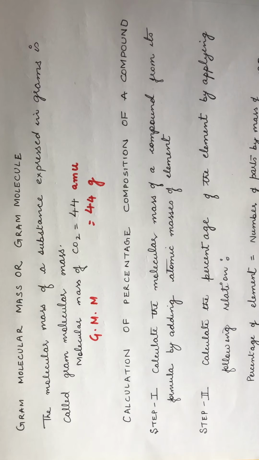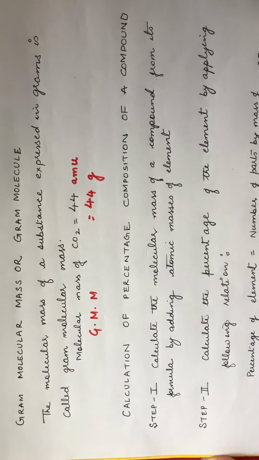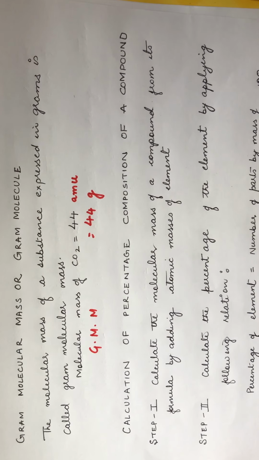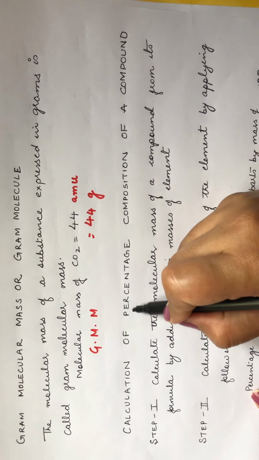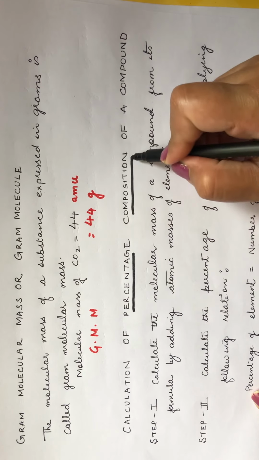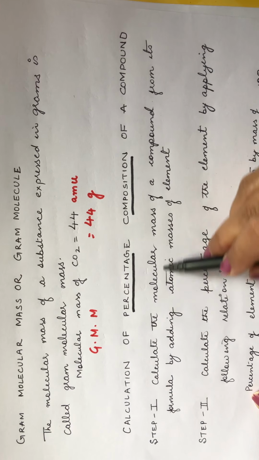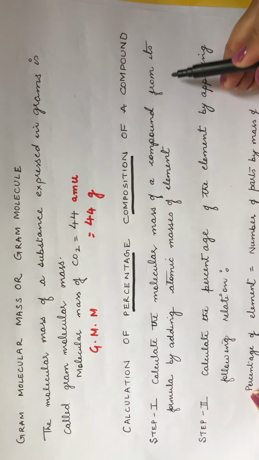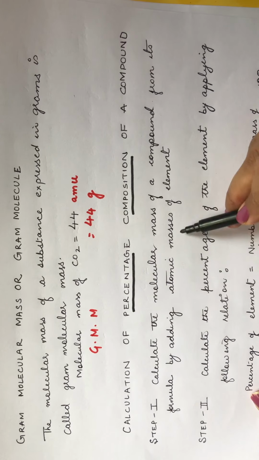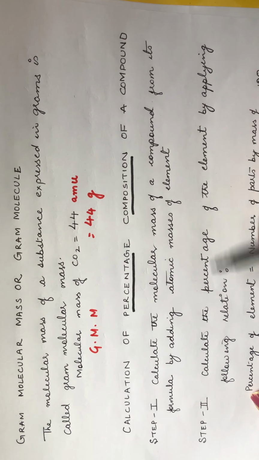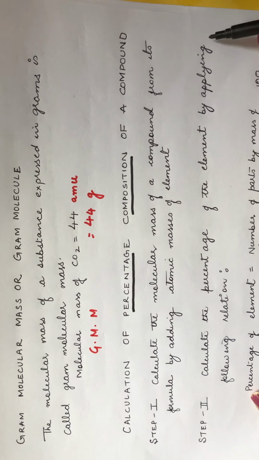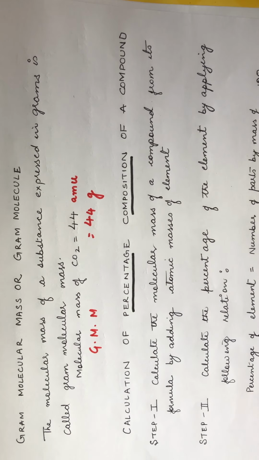So the next topic is calculation of percentage composition of a compound. So how to find out the percentage composition? The first step is to calculate the molecular mass of the compound from its formula by adding the atomic masses. Then calculate the percentage of the element by applying the following relation.